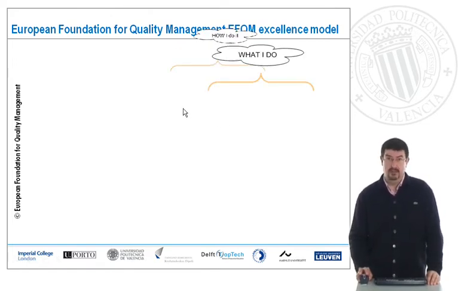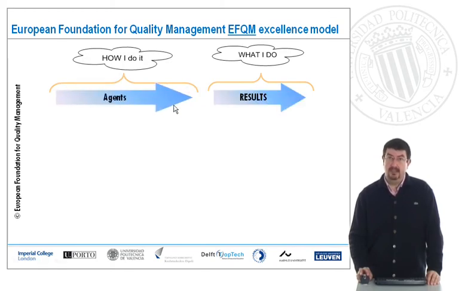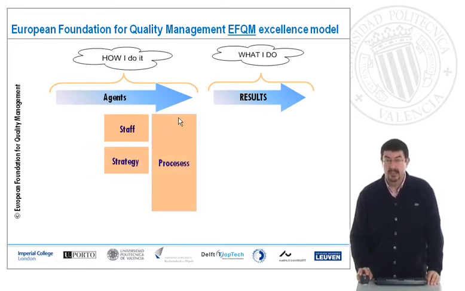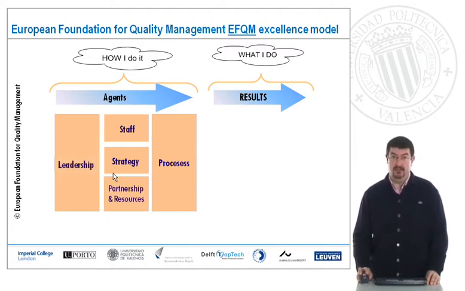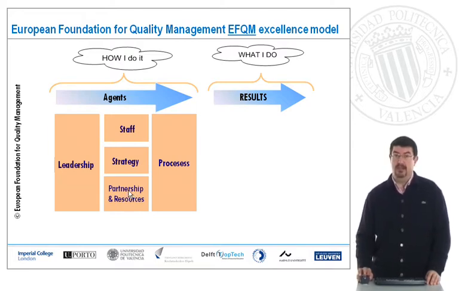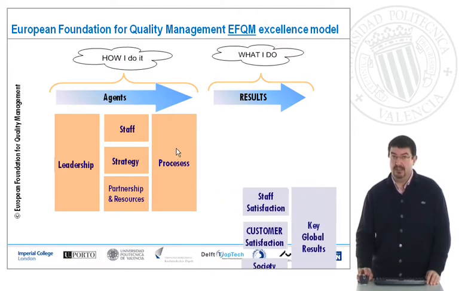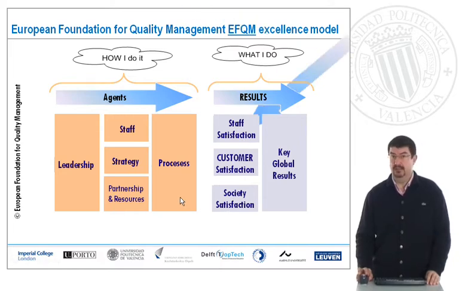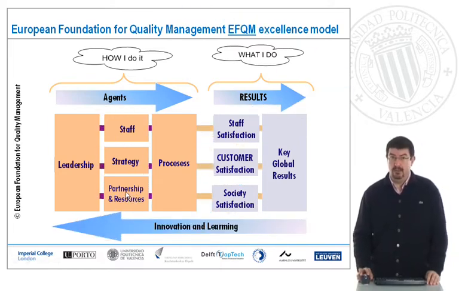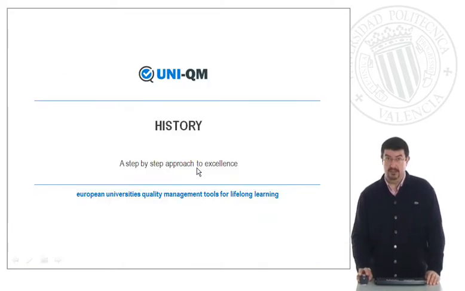This model is an open model that is based on analyzing what is being done in an organization, the results you get from the staff that developed different processes, following a strategy defined by the leaders of the organization, that using this staff, different resources and the partnership developed by the leaders, the processes produce key global results and satisfaction in customers, in the staff and in the society. This model is a really open model that generates an idea of globality, a holistic approach on what is being done in the organizations.